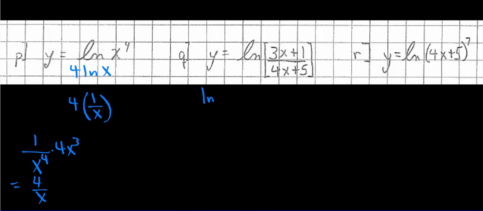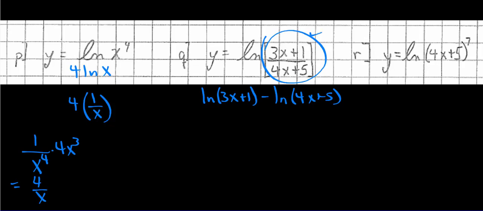Now, I would use the properties here as well, because notice what you can do now. You've got log 3x plus 1 minus log 4x plus 5. Here, using the properties is very helpful because it just makes for neater, easier work. Otherwise you have to put 1 over this whole thing times the derivative of that whole thing.